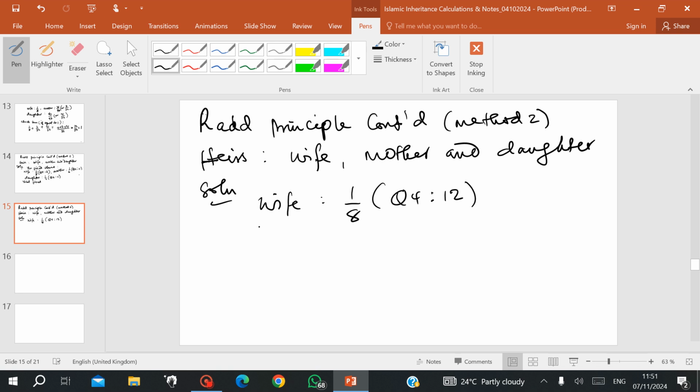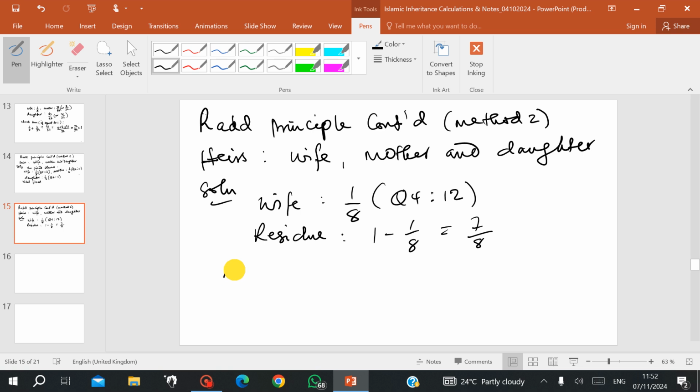So having removed this one, the residue or balance after the spouse's own, the residue here is 1 minus 1/8, which is 7/8. So this is what we will be assigning to the mother and daughter that are also entitled to radd. They have fixed shares and also entitled to radd.